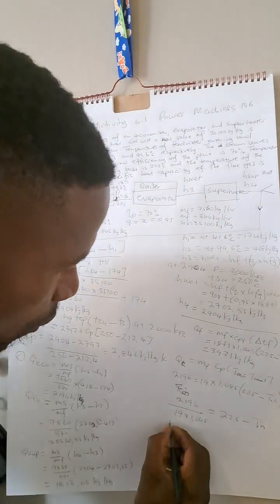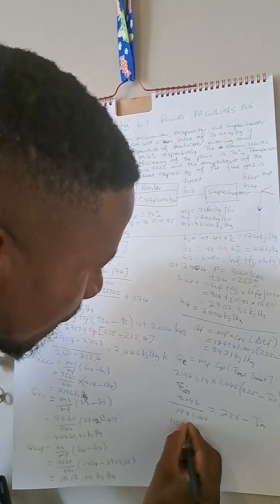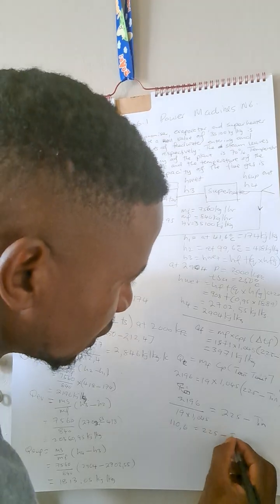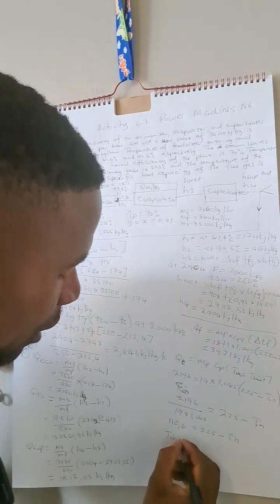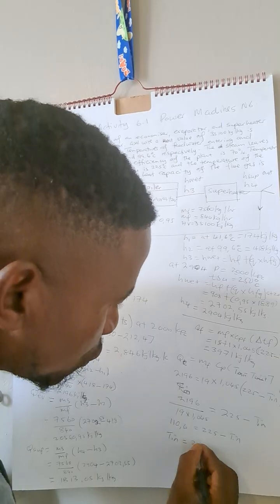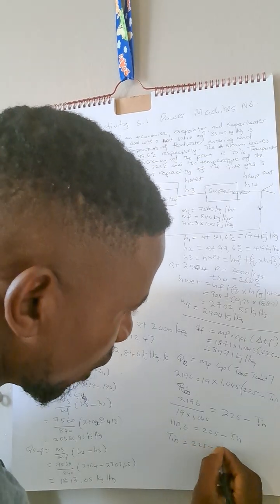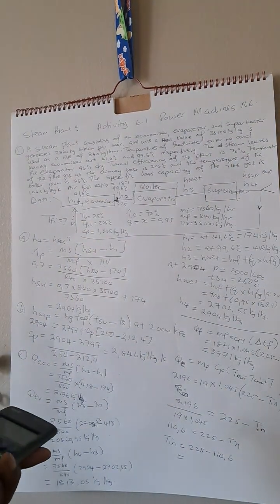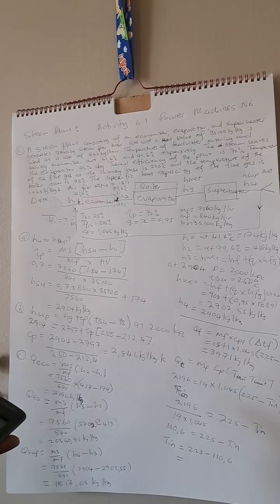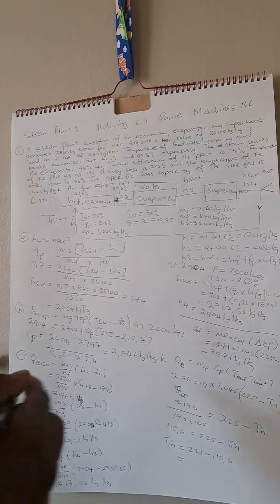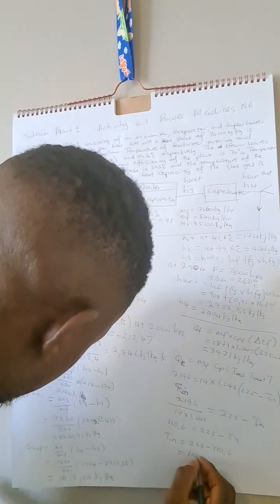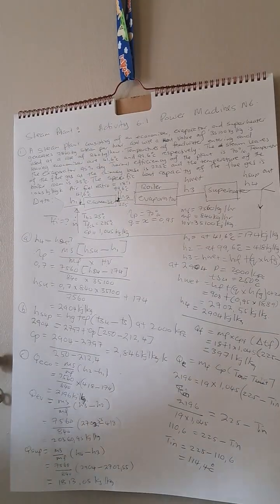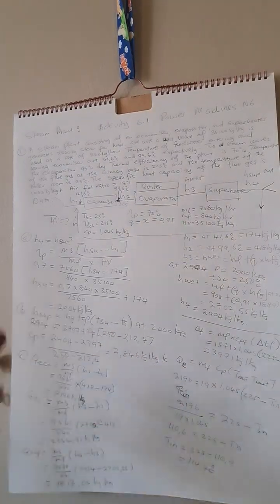I'm getting 110.6 equals 225 minus T in. So T in becomes the difference of the two, which is equal to 225 minus 110.6. So I'm getting 114.4 degrees Celsius. So basically, that's how our question is supposed to be solved.